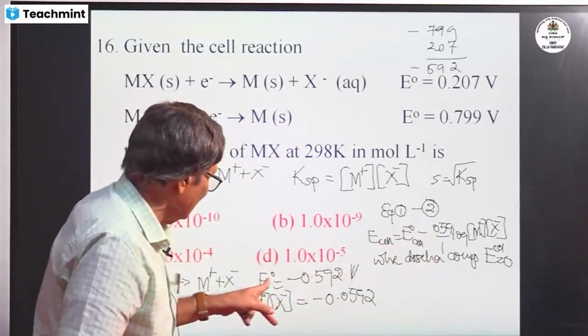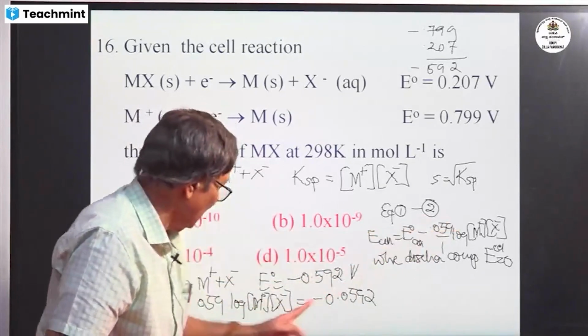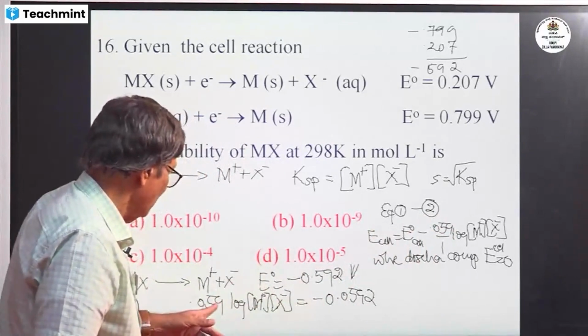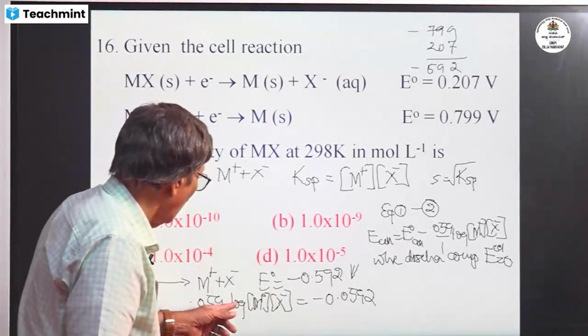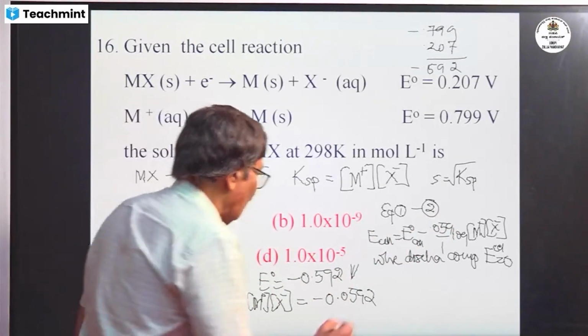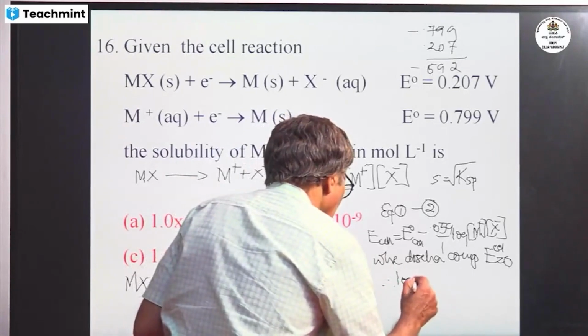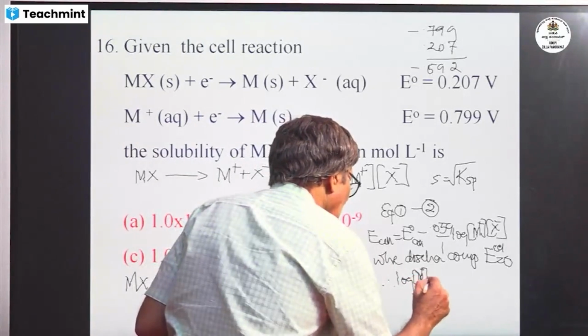Then E naught of the cell becomes 0.059 log. So this value we already know. What we want is log of M plus into X minus.